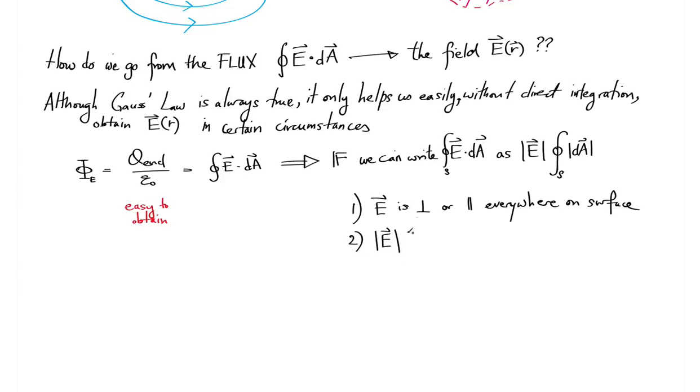We also need the electric field, pretty much the magnitude, to be constant everywhere on the surface. At least it has to be constant everywhere that it's perpendicular, where E is perpendicular to the surface.